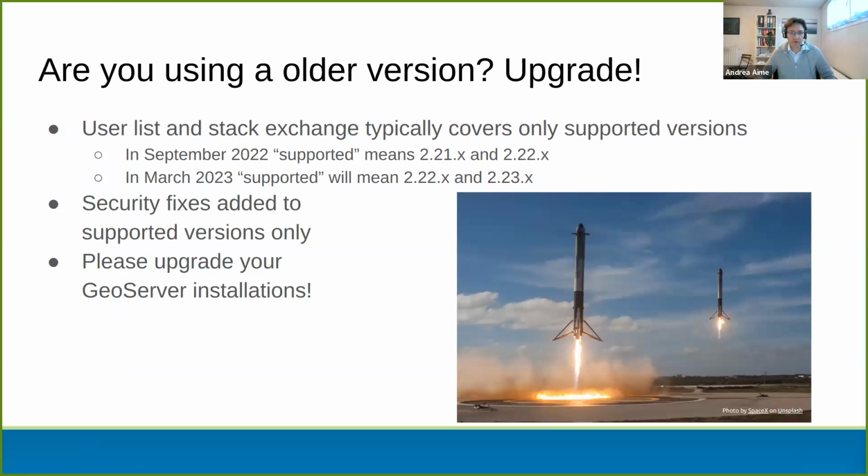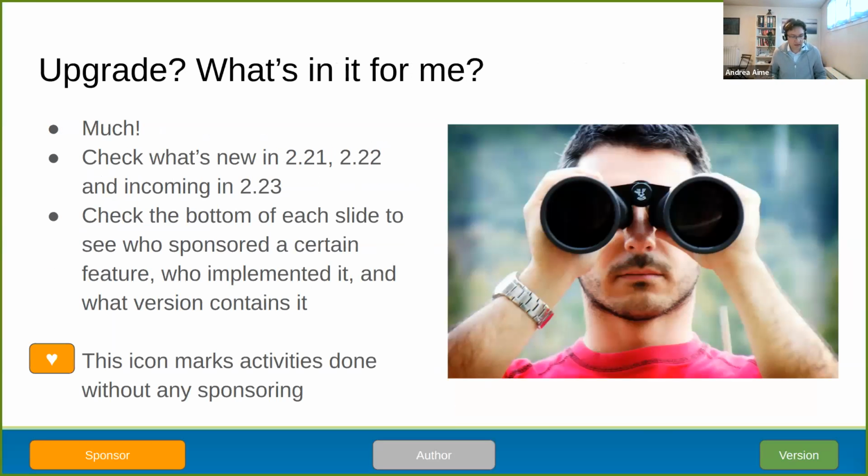If you are using an older version of GeoServer, please upgrade. Why? Well, first of all, because security fixes are added only to supported versions, and also because we try to pack up improvements and speed ups as we move forward in newer versions. So please don't stay on older versions of GeoServer. I understand that upgrading can be a bit of work or a lot of work.